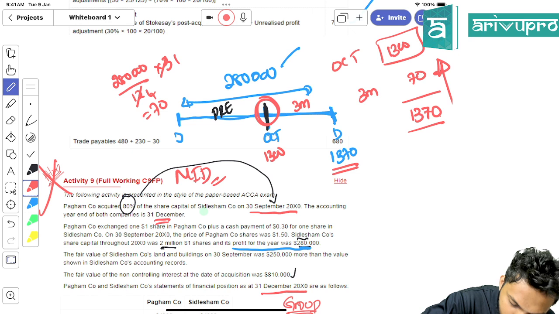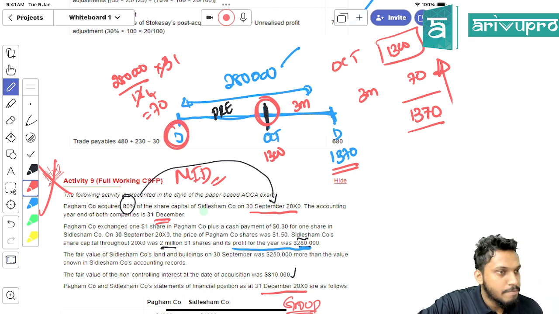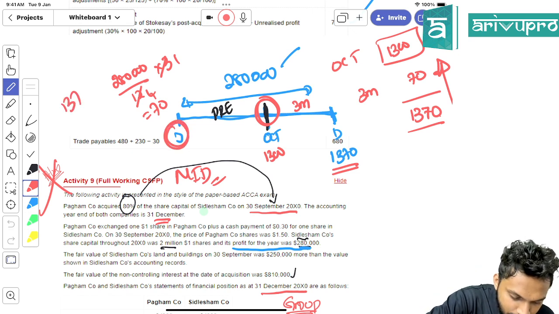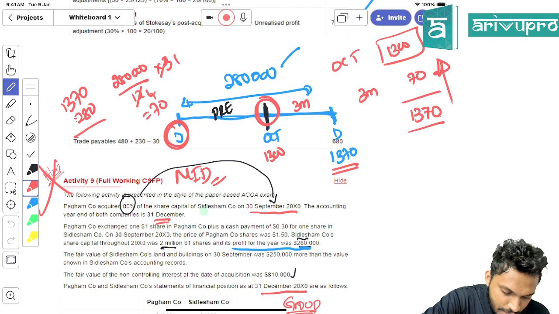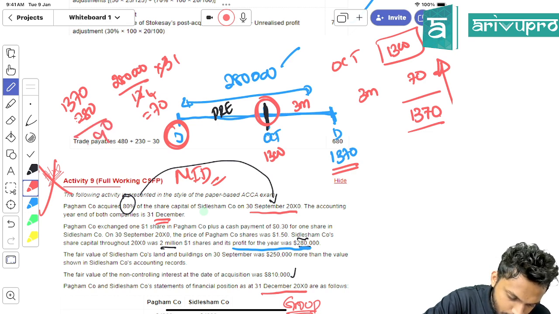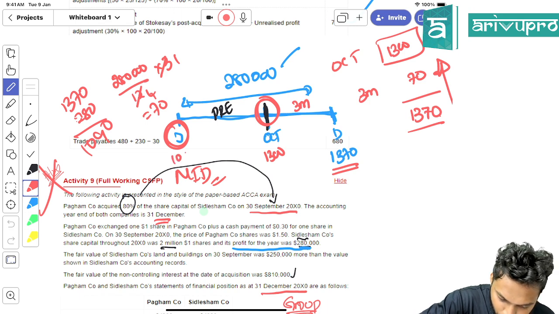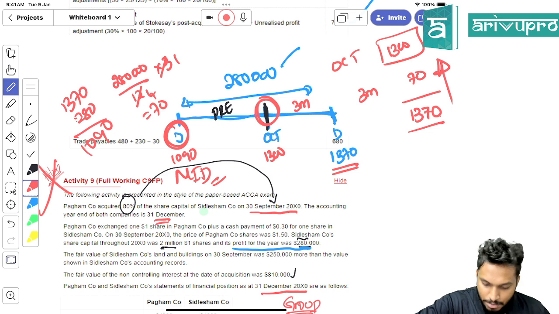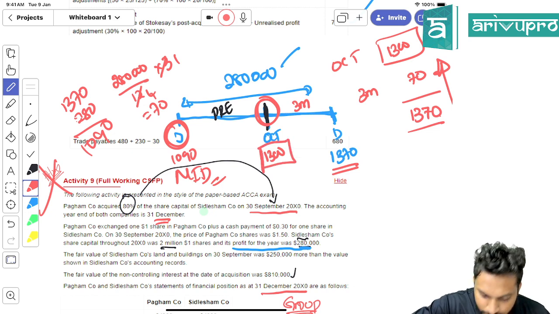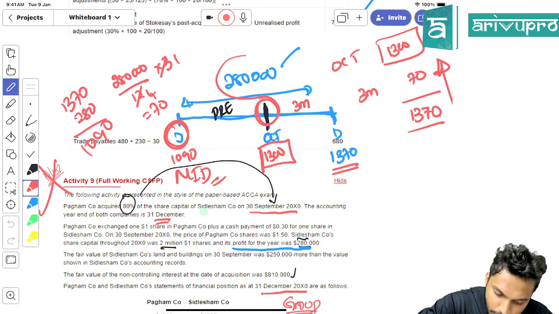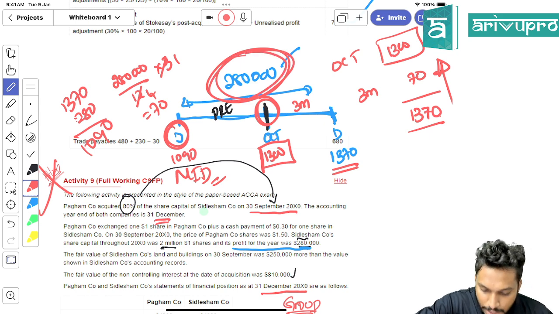So if I ask what is the profit at January, 1,370 minus 280, that will be 1,090. Did you understand that? But I want what is the profit at this period. Throughout the period you are making 280,000, but I need to know as of October how much, because that is my acquisition period.